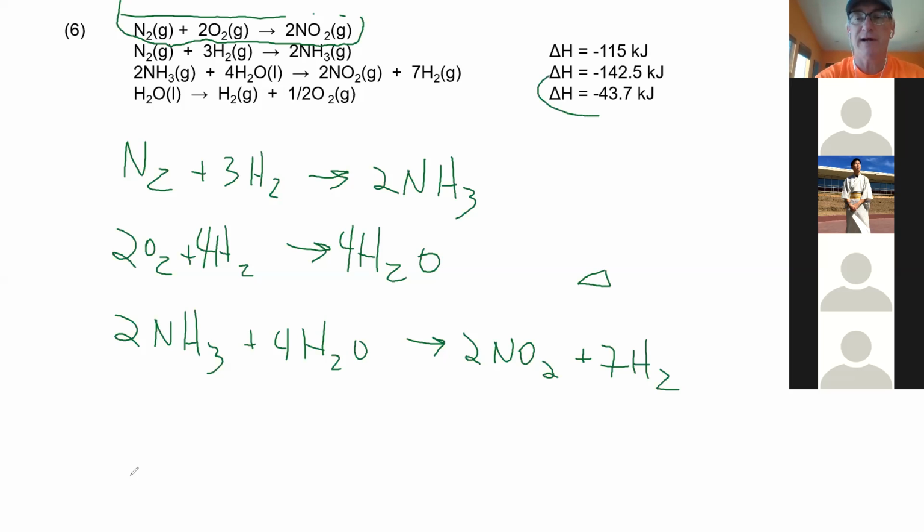This reaction right here, we multiplied it by 4, but what else did we do? We flipped it, changed the sign. So we have to multiply that by -4. There we go. So what's our delta H now?